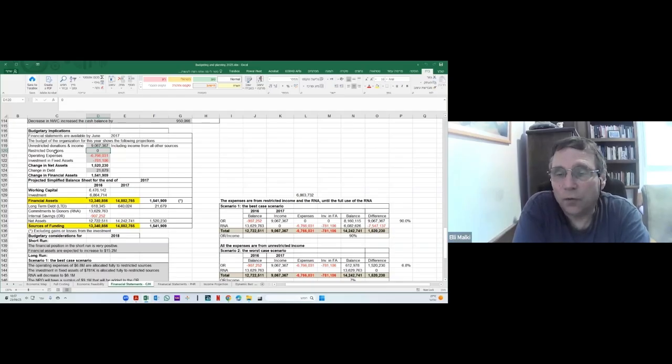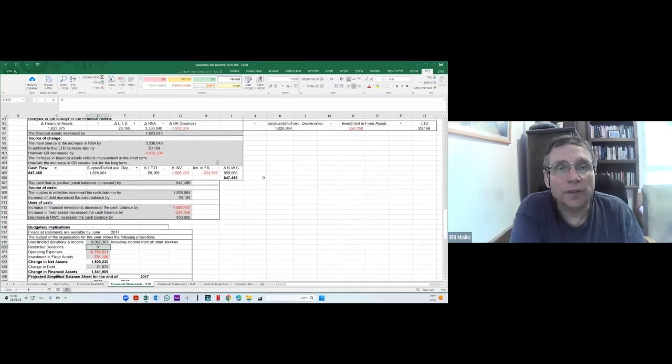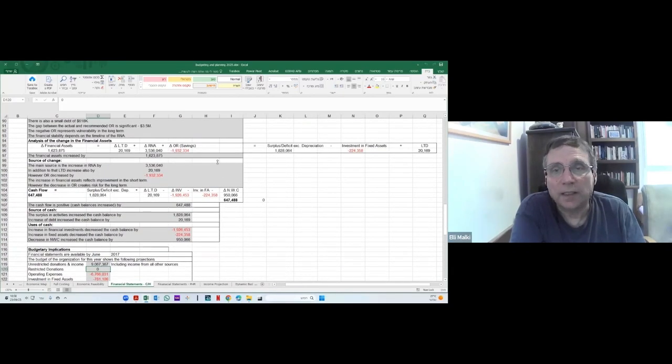We saw already that in order to understand the breakdown of the surplus between operating reserve and restricted net assets, we have to be able to allocate both income to restricted and unrestricted, and expenses to restricted and unrestricted sources, okay?